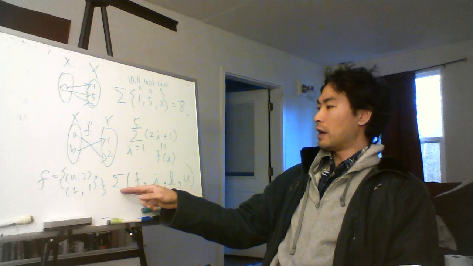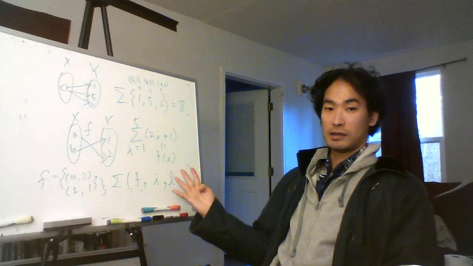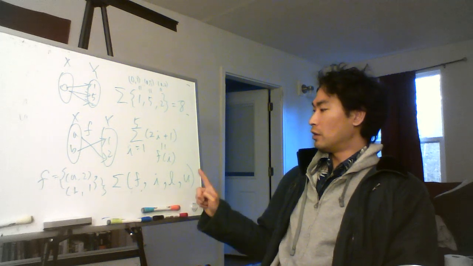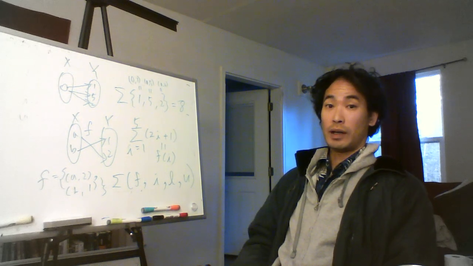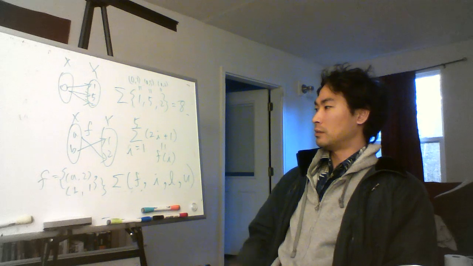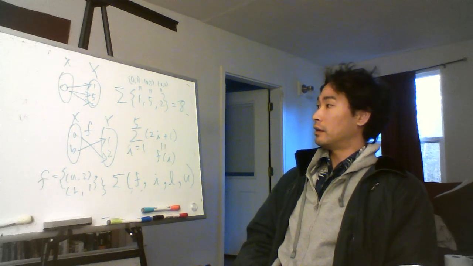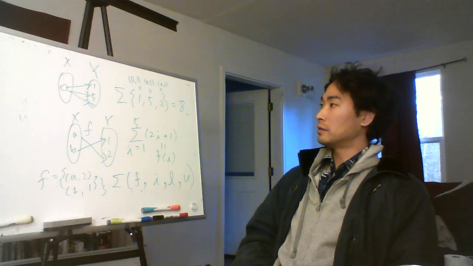So sigma is a function that takes 4 things as inputs: a function, a variable, a lower limit, and an upper limit, which are constants. They can be variables too, sometimes. So that's what sigma is.